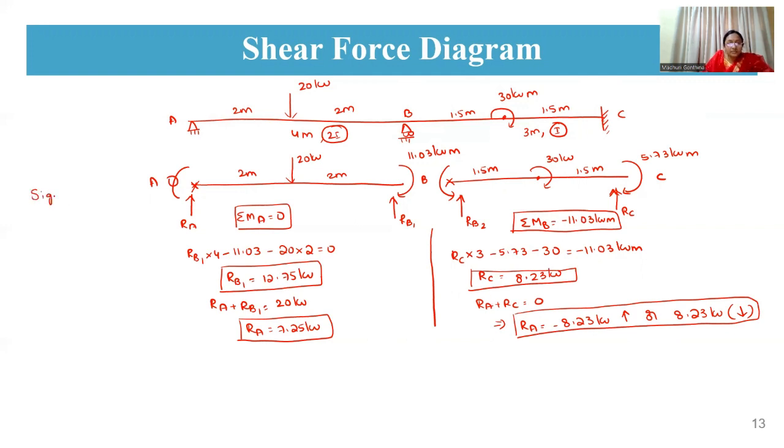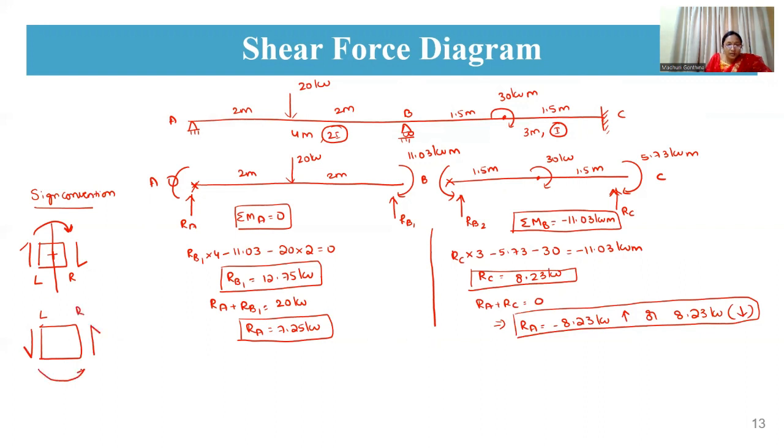Now to draw the shear force diagram, the sign convention for the shear force is, when we take an element, towards your element, the left side is upward and right side is downward. So that means they're having a clockwise shear. So clockwise shear means positive shear force. Similar way, when we are having towards your left side, it is a downward reaction, and towards your right side, it is an upward reaction.